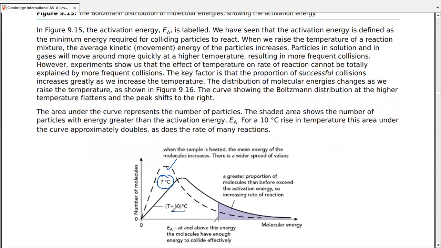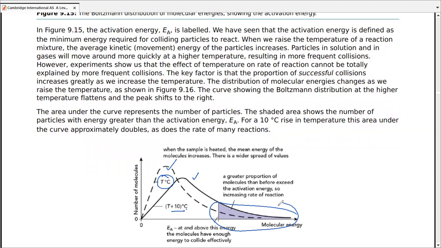This is T plus 10. This is what is going to happen over here. Imagine we have the same shaded area, but this time, since we have a new graph, the number of molecules with the maximum value are going to stay in this portion. And now there is a bigger portion which is going to be converted upon effective collisions into products.